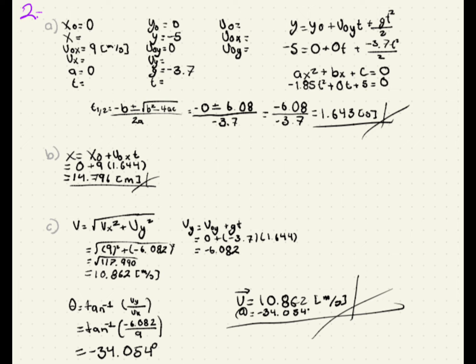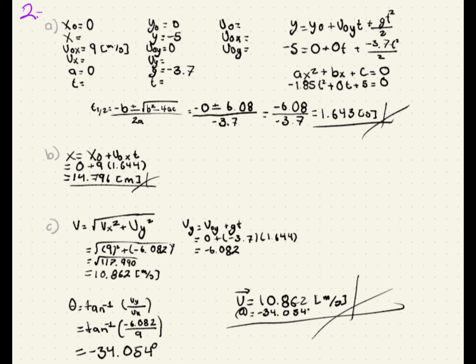With the quadratic equation ax squared plus bx plus c equals 0, we arrange the formula y equals y0 plus v0y t plus g t squared over 2, with t as x. It will be g t squared over 2 plus v0y t plus y0 minus y.